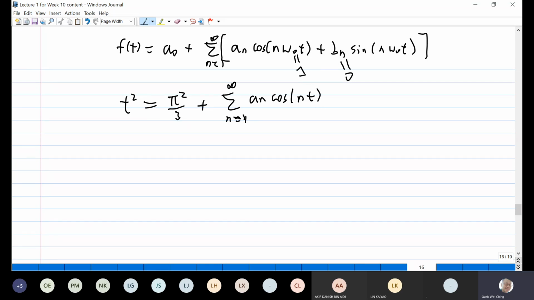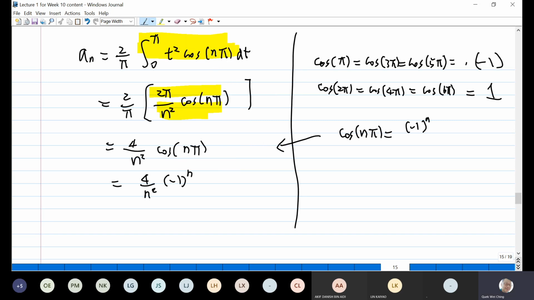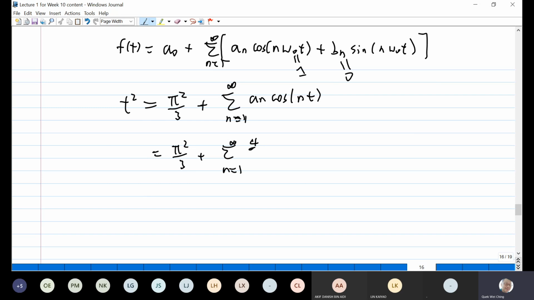But what is an? We found out that an is 4 over n squared times -1 power n. So the summation of 4 over n squared, -1 power n, cosine nt. An is this one.